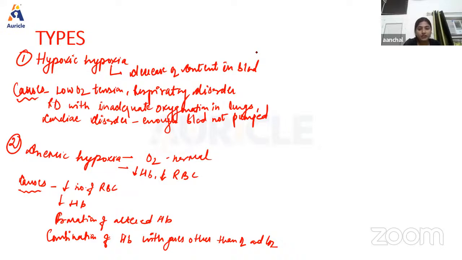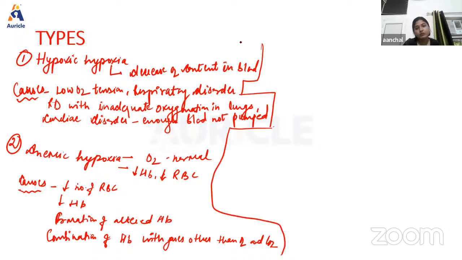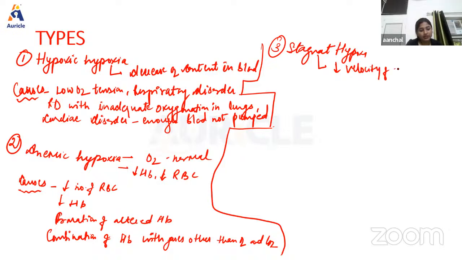Then next we have another type, that is stagnant hypoxia. So third we have stagnant hypoxia, whenever there is a decrease in velocity of blood.